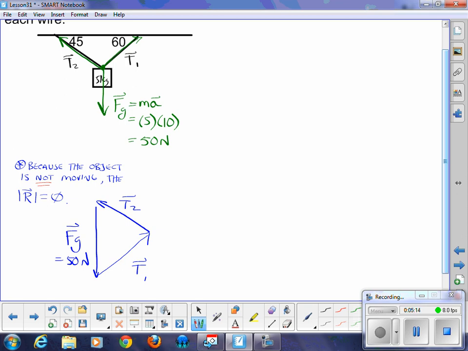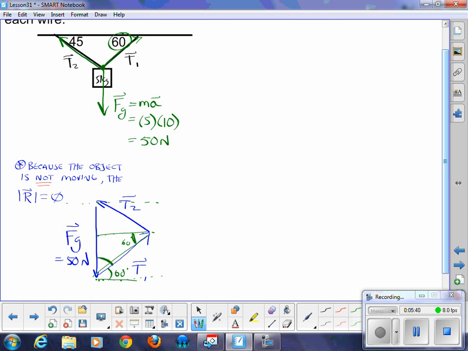Now I know the force due to gravity is 50 newtons, so I know that value. It's my angles that I have to find. I know that T1 makes a 60 degree angle with the horizontal, so if I draw in some horizontal lines, dashed in green, this angle is 60 degrees. From the Z pattern, back to grade 9, I know that this is 60 degrees.